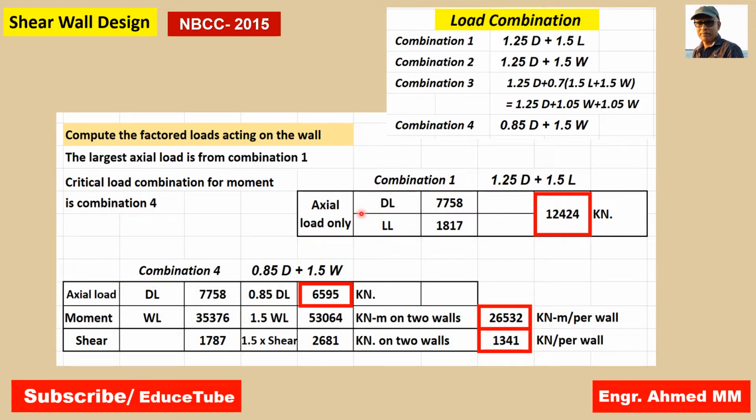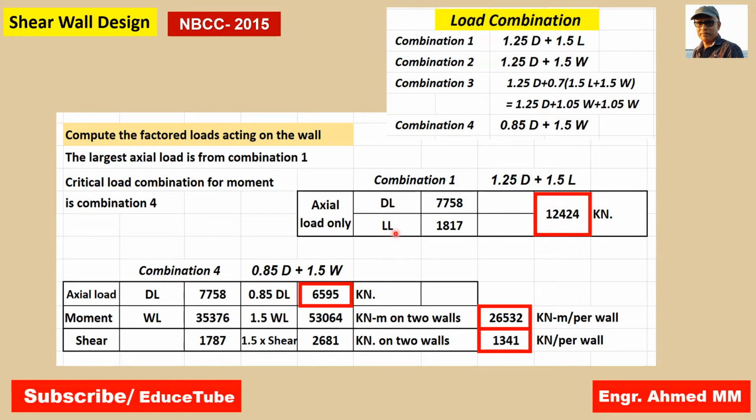Here I can see the load combinations, which are very important, because after getting load combinations, we can think of starting the design. So load combination 1 and combination 4, I am interested in these two. Why load combination 1? Because the largest axial load is from combination 1.